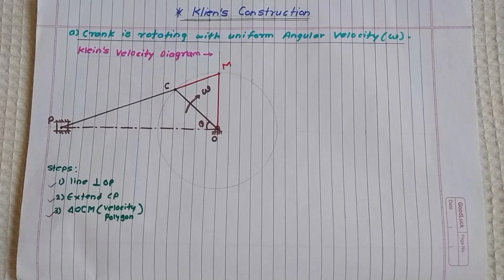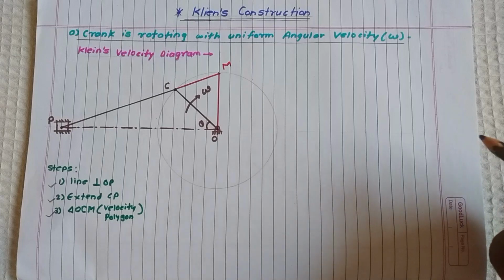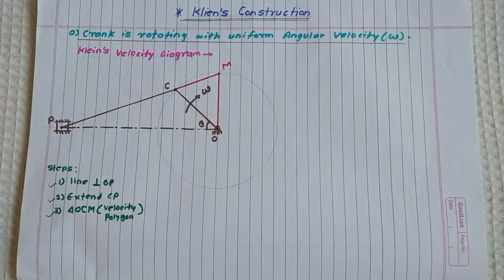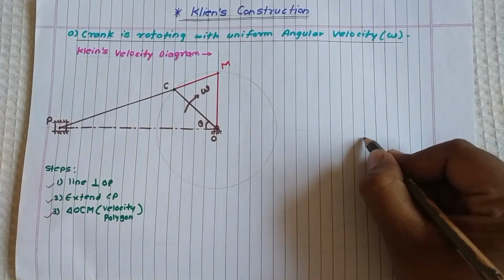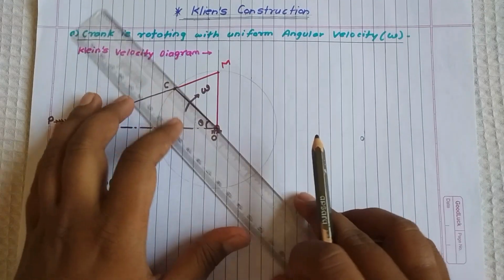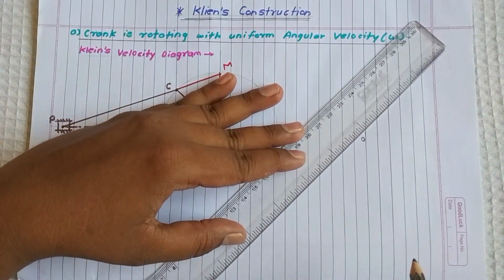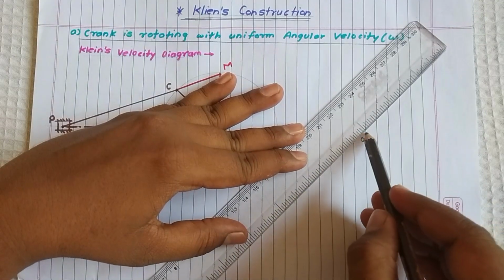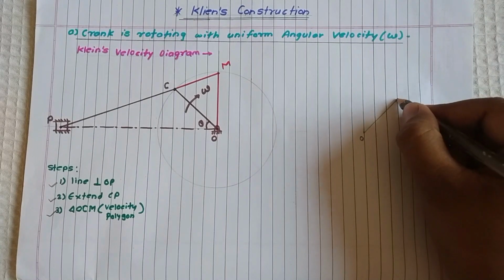So let us see how this will be a velocity diagram. For that, draw the velocity diagram with the help of the relative velocity method. So we know what we do, we mark a fixed point at one location. Suppose o is a fixed point, small o, then starting from the crank, perpendicular to the crank, suppose this is small c.